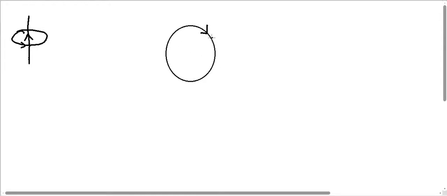Suppose the wire is carrying a current in an anti-clockwise direction, and I want to find the magnetic field at its center. Case 1 is magnetic field at the center.